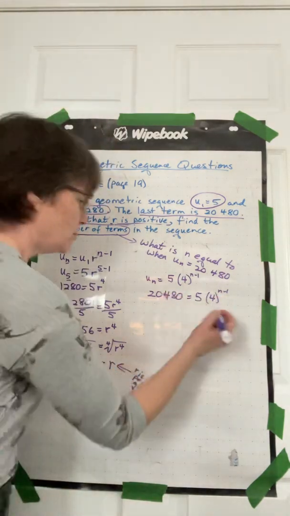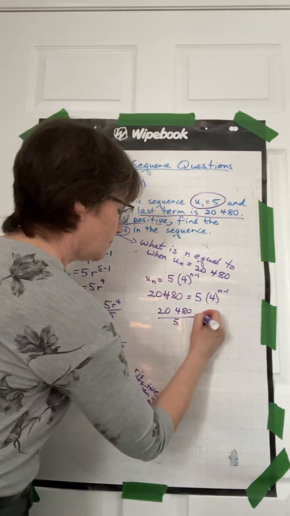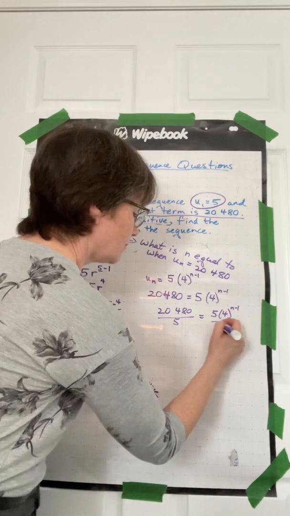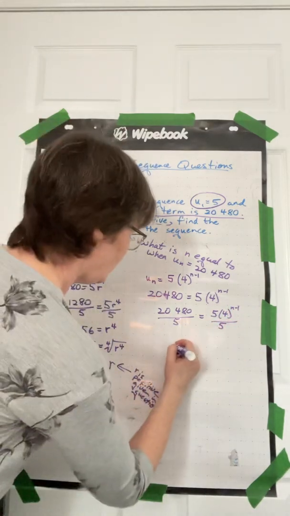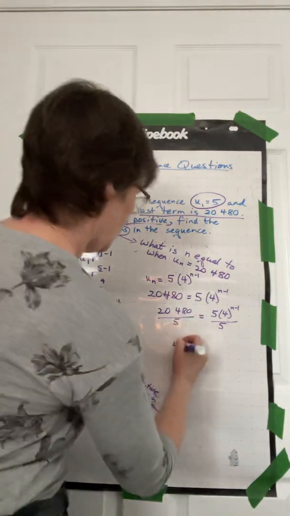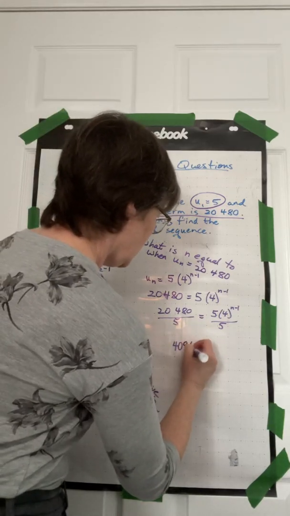Okay, divide both sides by 5. When we divide that by 5, that'd be 4,096.